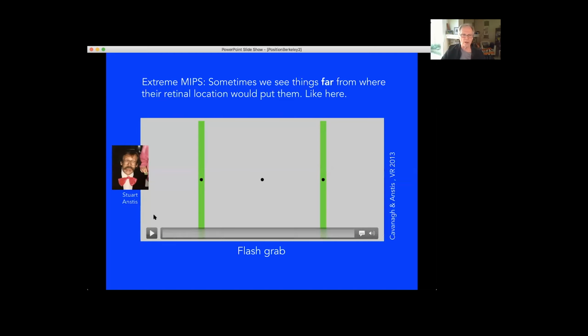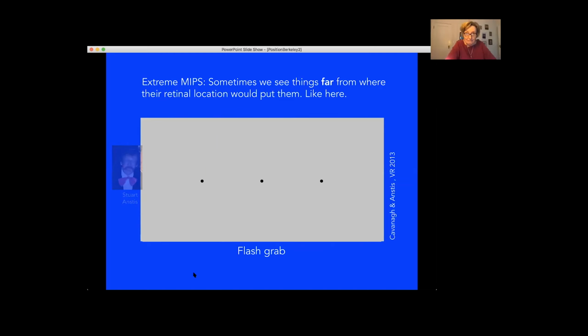And this one on your movie, probably better than on the screen here, shows that when you do that, the flash is transported a huge amount away from its retinal position, about 10 times further than if the flash were beside the motion. So giving us more room for testing and theorizing.